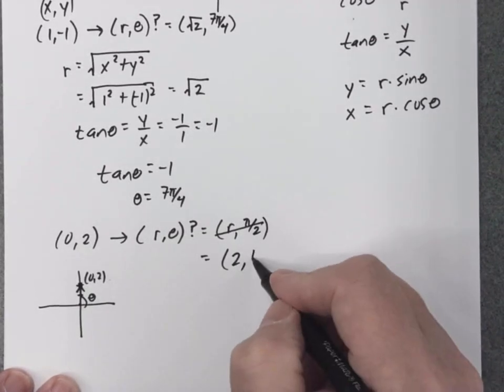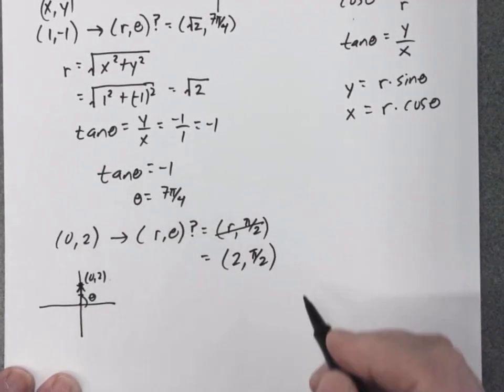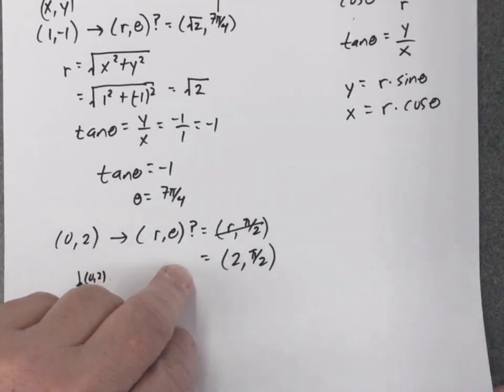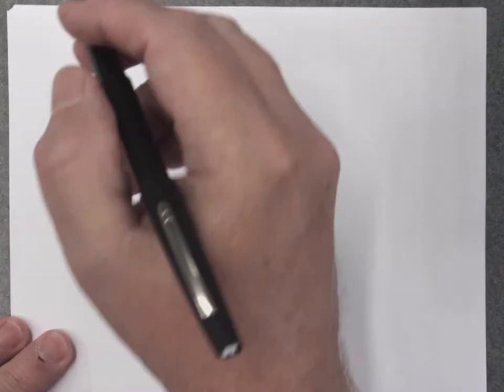R is 2, and the angle is pi over 2. So that one, I don't even need to use a formula. So sometimes, especially if you graph the point, it's just common sense. Let's do one more where maybe we have to use the formulas. This one looks a little messier, but we'll see how it turns out.